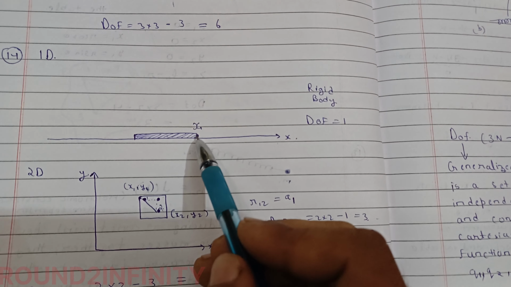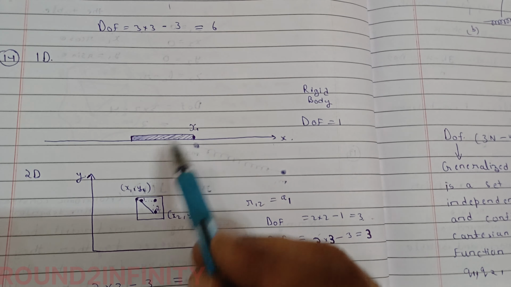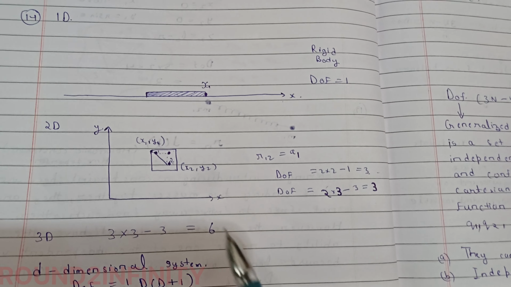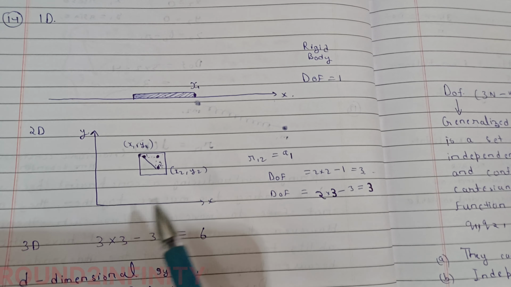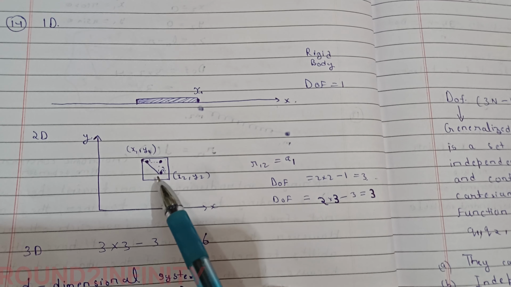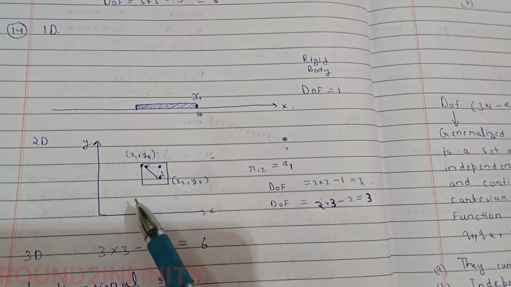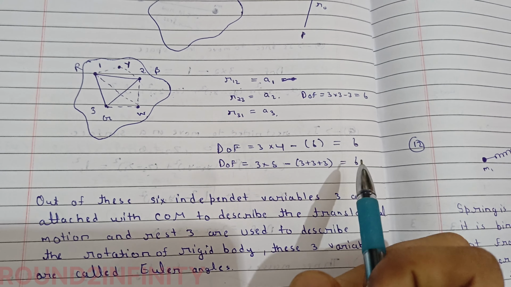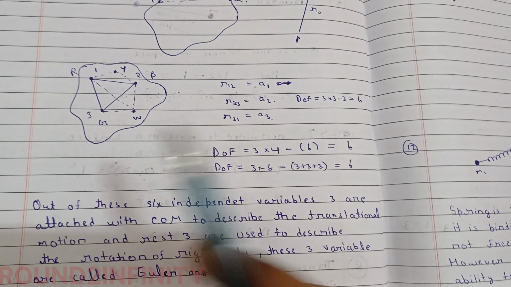Same as using a single particle we can find the coordinates of any number of particles. That's why the degree of freedom was 1 there and 3 here. This happens in the 3D system, where you remember the least number of particles required was 3, meaning any fourth will be found using those 3. We already discussed this case. Why it is 6, meaning only 6 degrees of freedom are required for the 3D system.